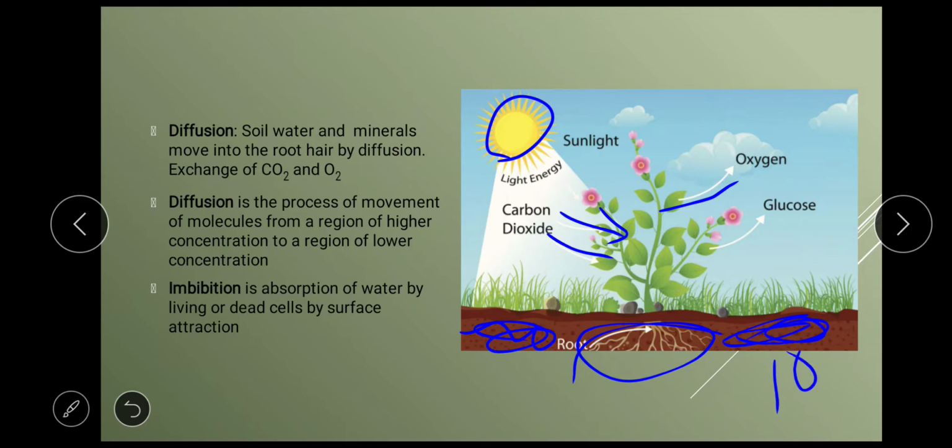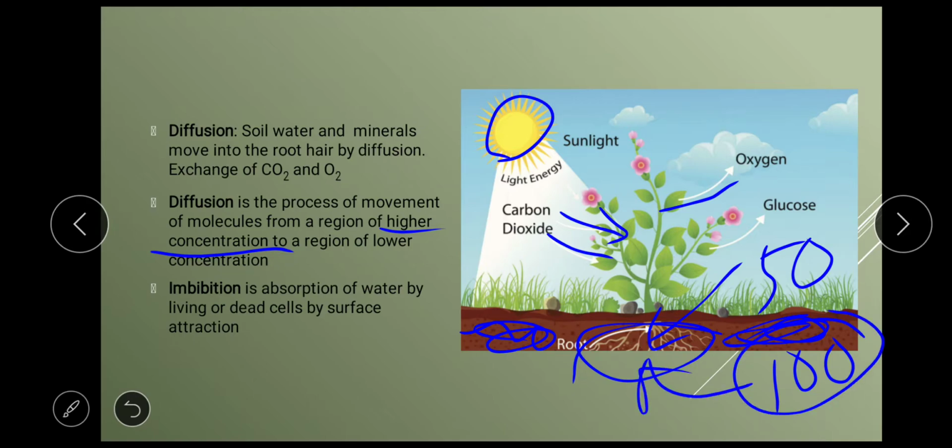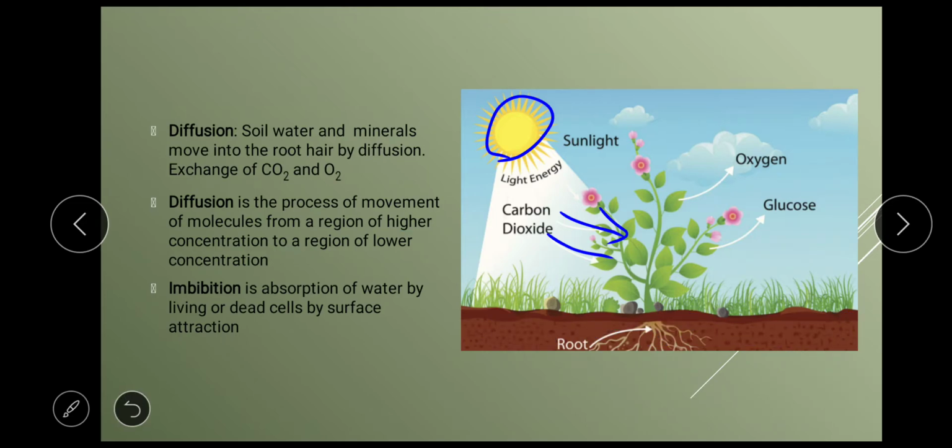For example, soil has 100 units of water. Okay, and these roots here inside, the roots have 50 units. So there is more water in the soil, 100 units. More water means higher concentration. Higher concentration means more amount. Okay, so water will go from this soil 100 units into the roots. Okay, so this is called movement from higher concentration to lower concentration.